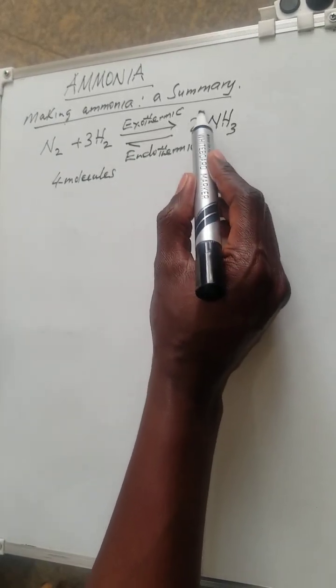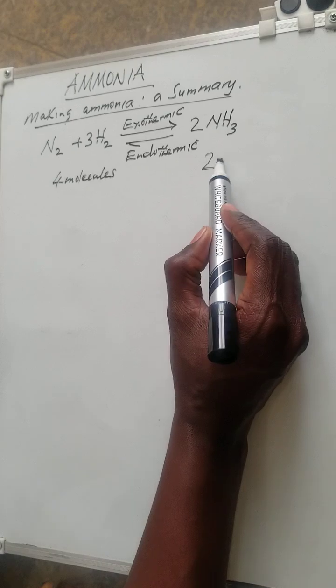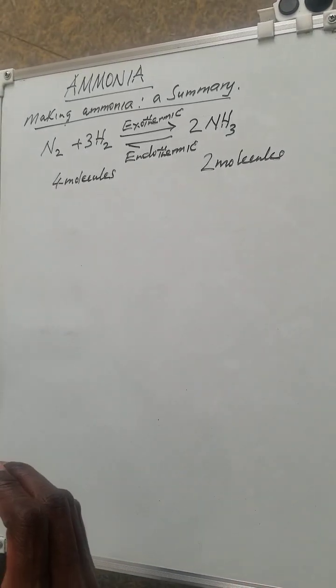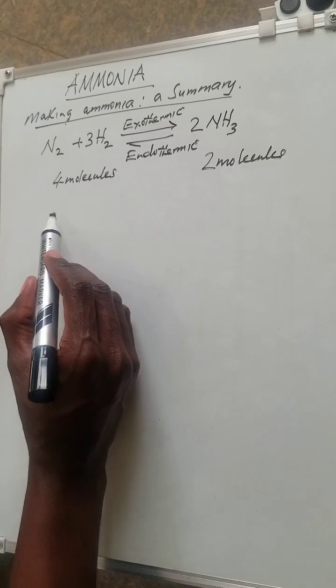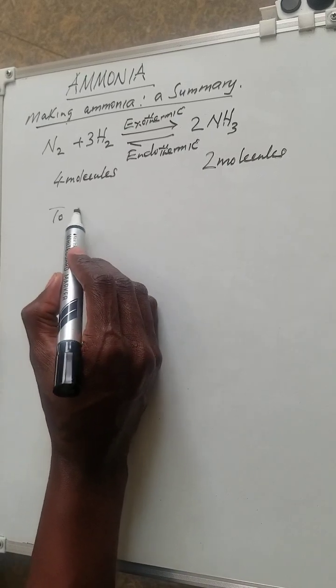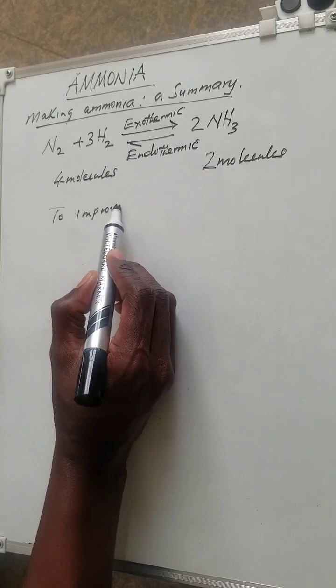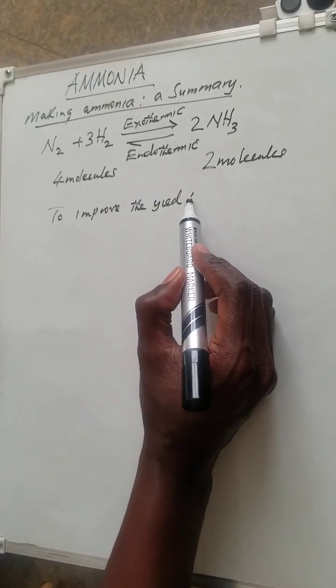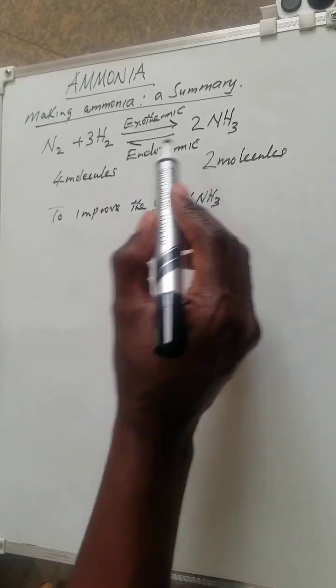Then on the right hand side, the coefficient of ammonia is a 2, meaning you have 2 molecules on the right hand side. Now if that is the case, what can you do to improve the yield of NH3, to improve the yield of ammonia?